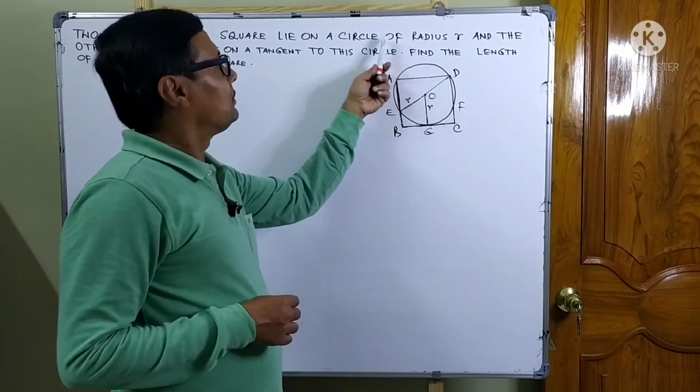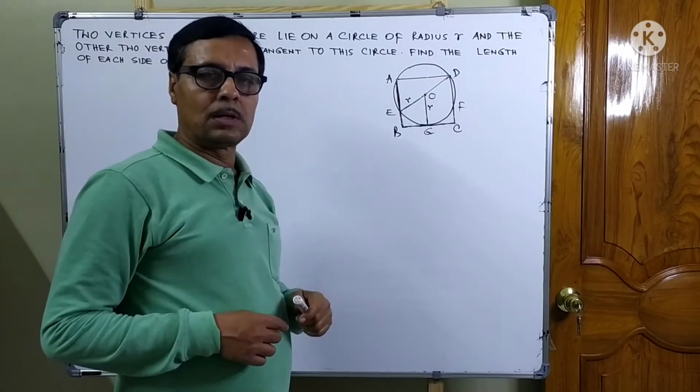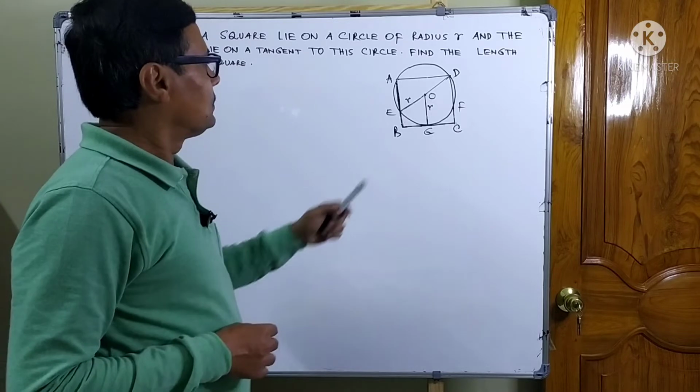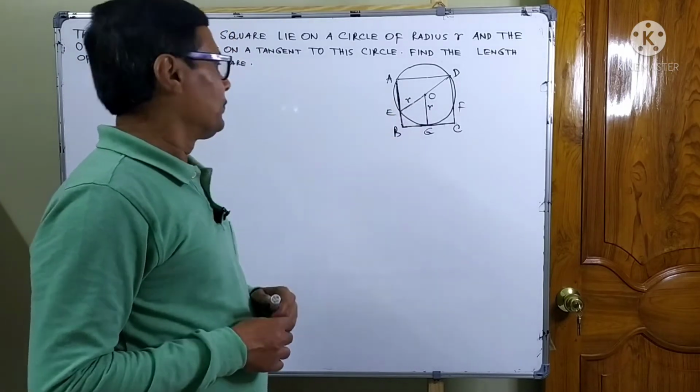Here radius of the circle is given as r, that is EO and OG are radius of the circle. This length is r, this length is r.